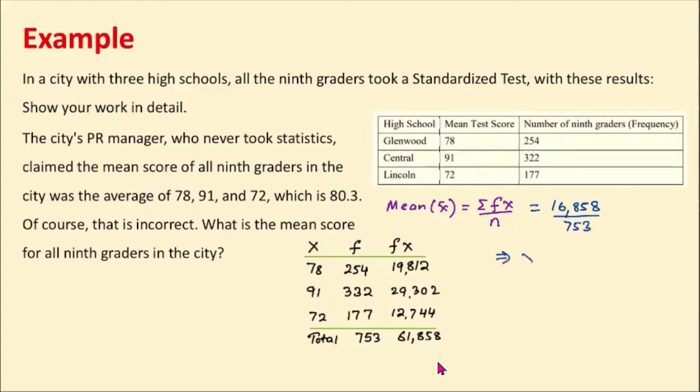So this implies our actual mean will be 61,858 divided by 753, that will be 82.1. So the true mean is not 80.3, instead it is 82.1. So we use the formula to find the mean, and we got the exact mean as 82.1.